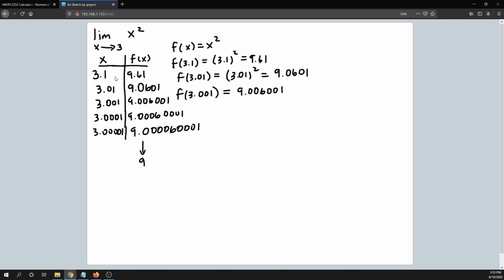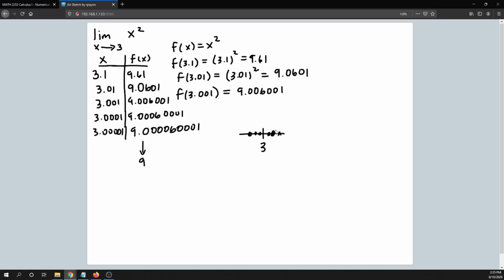If you imagine the number 3 on a number line, the numbers getting closer and closer are either on the right or on the left of it. So there are 2 directions you can get closer to 3 from. All of the numbers that I picked are getting closer and closer from the right.